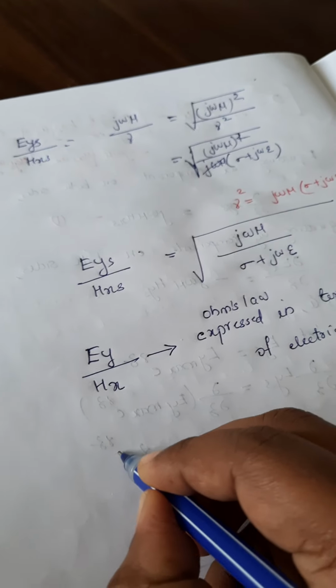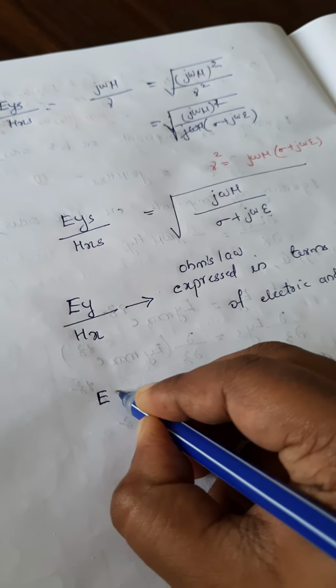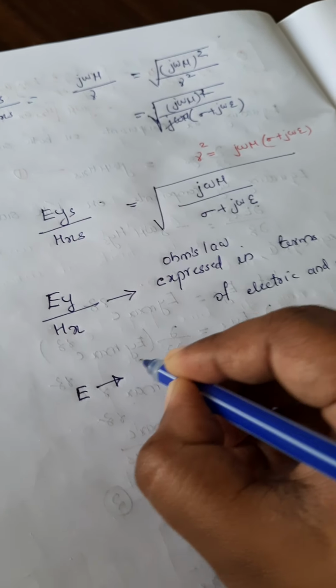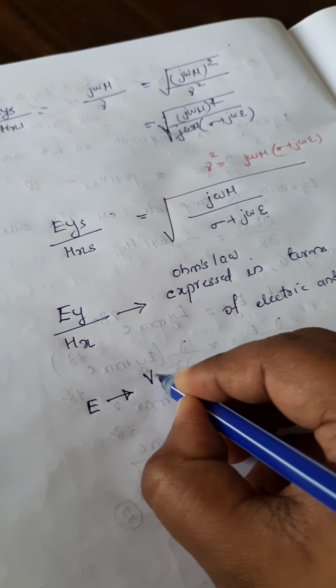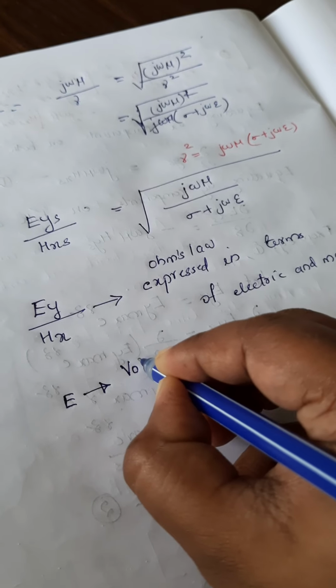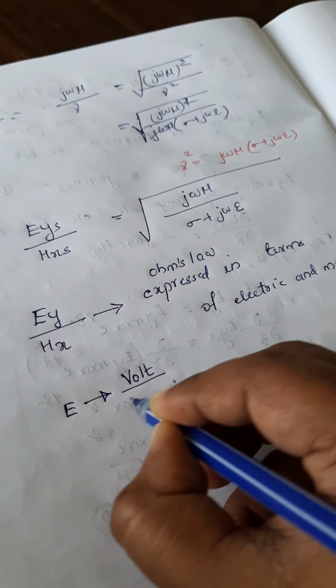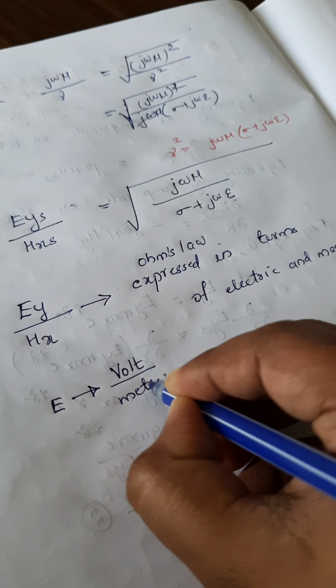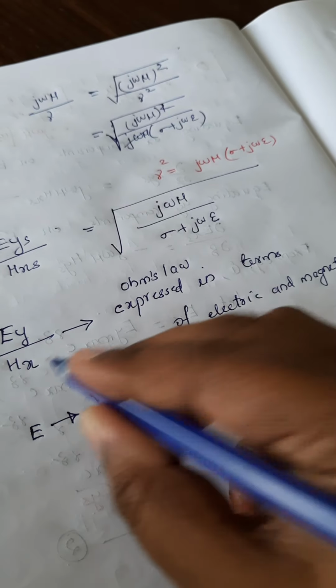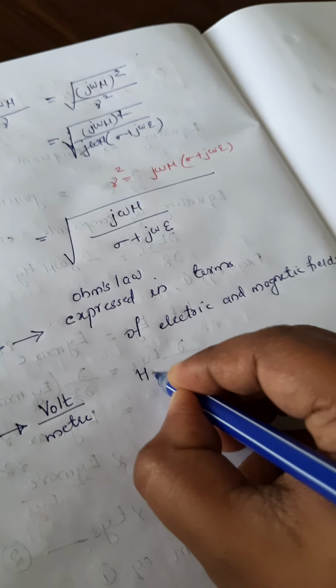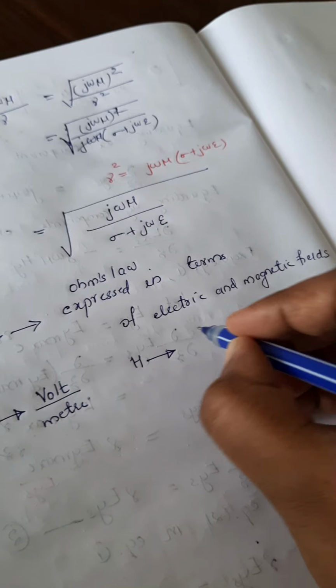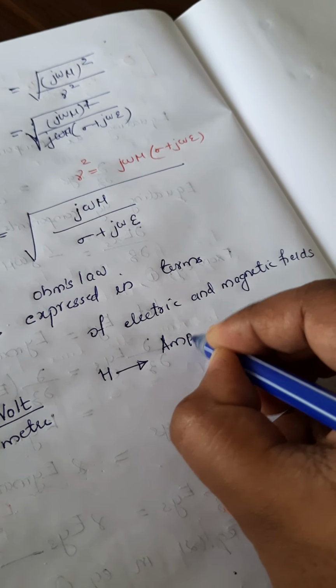We know that electric field intensity E is potential per distance, that is volt per meter. And the magnetic field intensity H is expressed in ampere per meter.